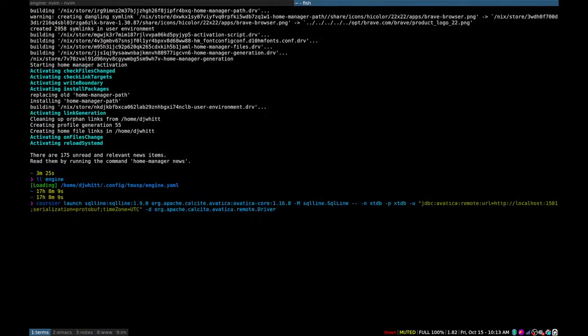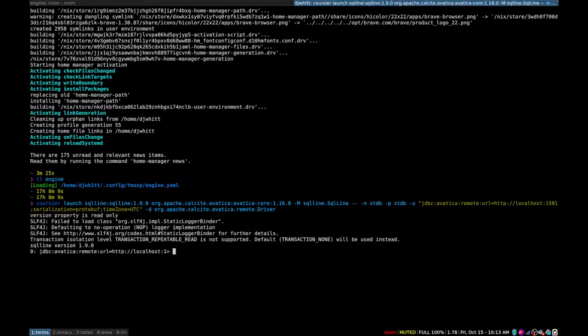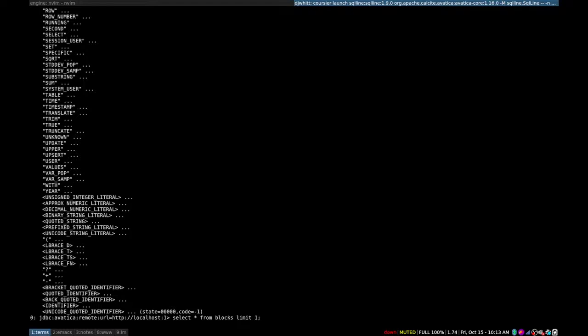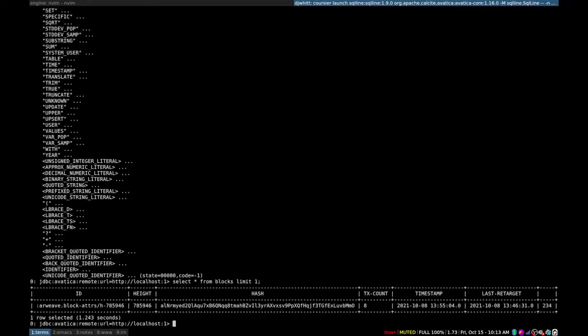Yeah, there we go. Corsair. Yeah. Okay. Is this a thing? Oh no. Select star, or just let's do select star from blocks limit 1. Okay, so the table is definitely there.